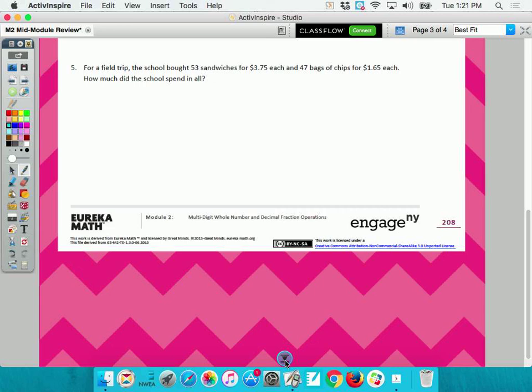And when you get up to the front to pay, how's the cashier going to do that? Are they going to scan one sandwich at a time? No, they're going to keep on scanning one thing because they're all the same thing. So they're going to scan one sandwich, and then what will they do? Times 53.